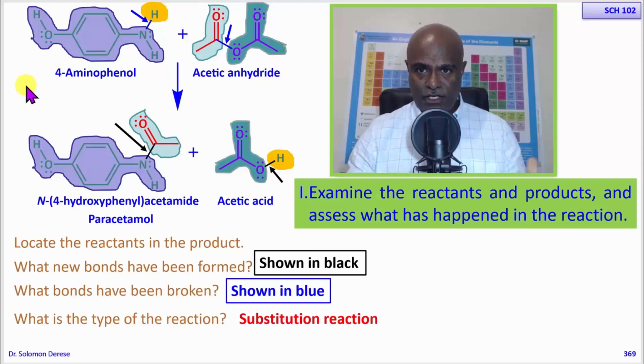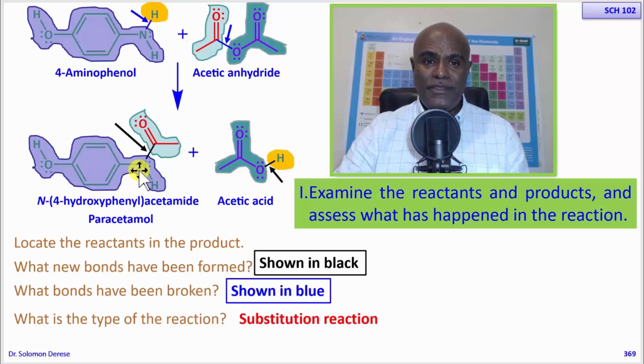In the reaction mechanism, now you figure out how these bonds are formed and broken. What we know clearly is that there is a bond formed between this nitrogen and this carbon. Now we have to figure out how this bond is formed.